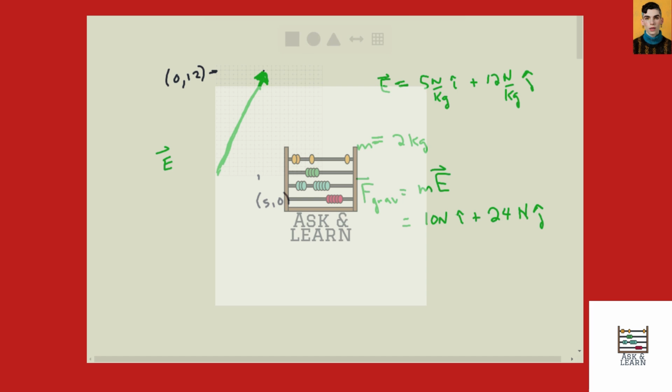Okay, so we can do the usual things with the force of gravity. It will point in the same direction as the E vector, and we can find its magnitude in the usual way with the Pythagorean theorem. So 26 newtons in this case.